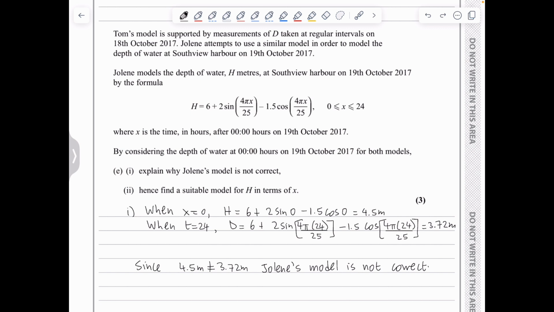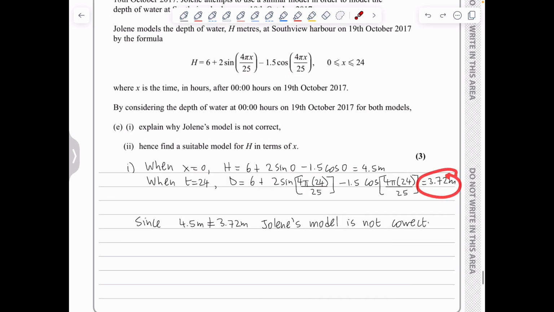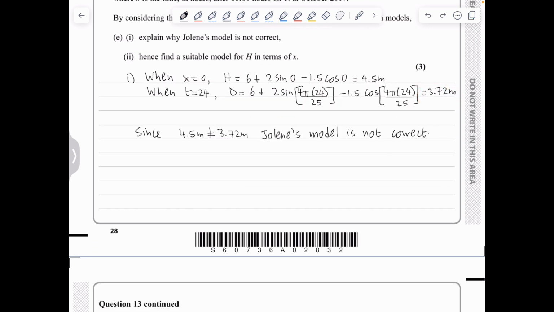And it says, hence find a suitable model for h in terms of x. We need to propose a model that will give me a height of 3.72 meters when I substitute x is 0. So what I could do is leave the structure with the sines and the cosines.